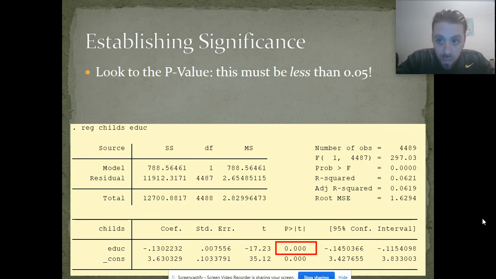Put more intuitively, there is less than a 0.1% chance that you would observe this coefficient, this relationship in the data set, if it was not real, if it was just sampling error or random chance. It is very unlikely for you to have found this relationship. Therefore, it is significant.